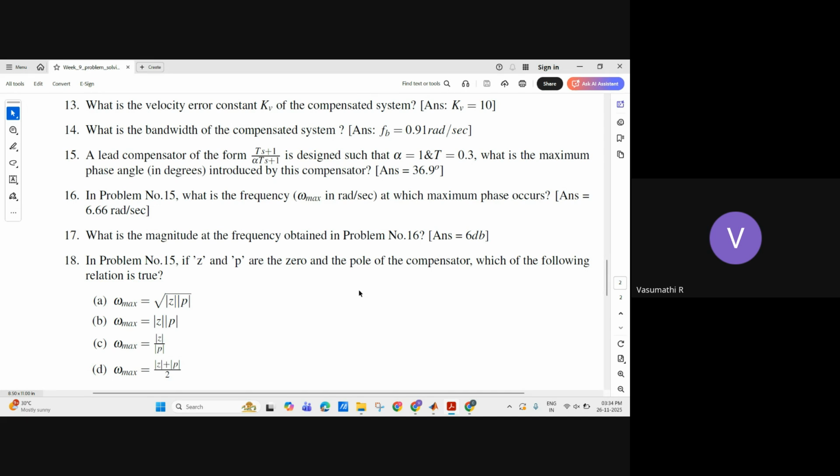Whenever the frequency comes to the one corresponding to minus 3 decibels, we call that the bandwidth. That is the maximum operating frequency of the system, we can say.